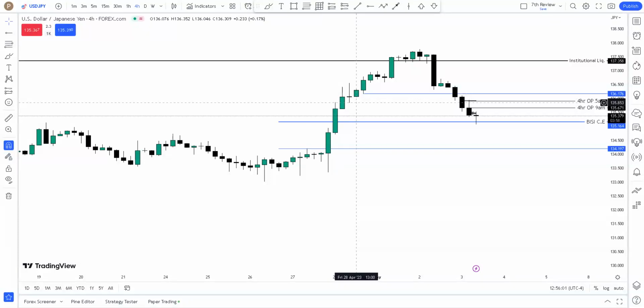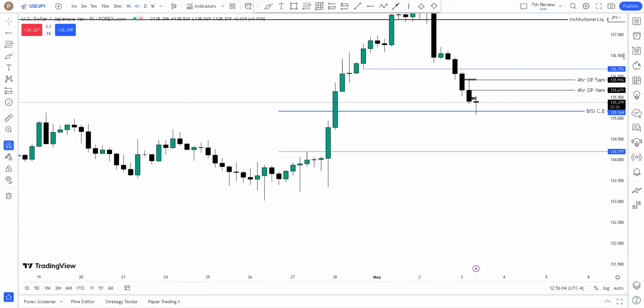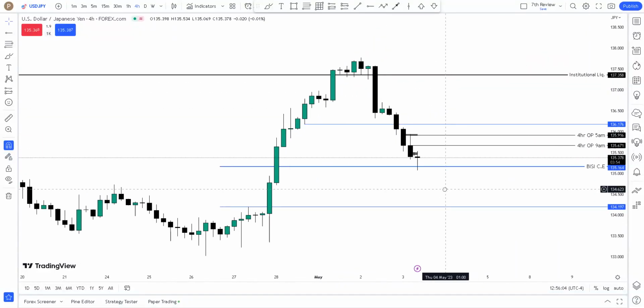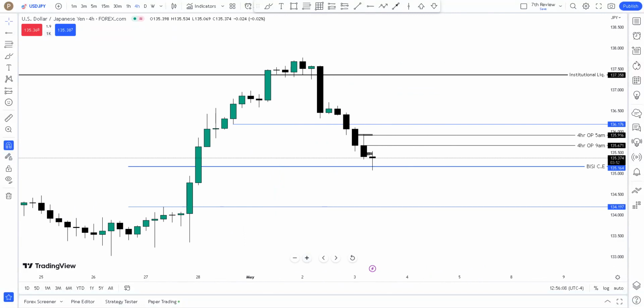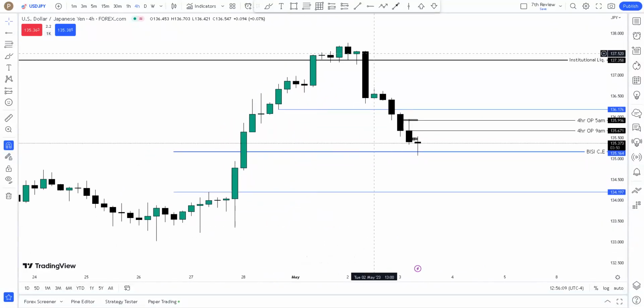So right here, I marked out the 4 hour opening prices because I'm looking at candlesticks. The 4 hour candlesticks will take me to 8:30 and just within the New York AM session, right? So this particular candlestick right here, let me just mark that out properly.